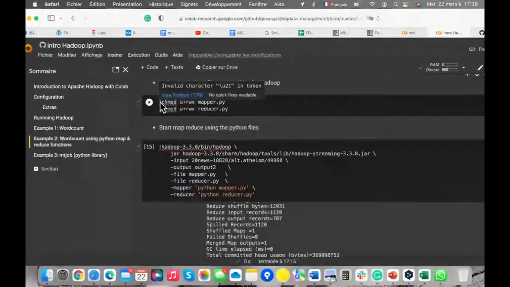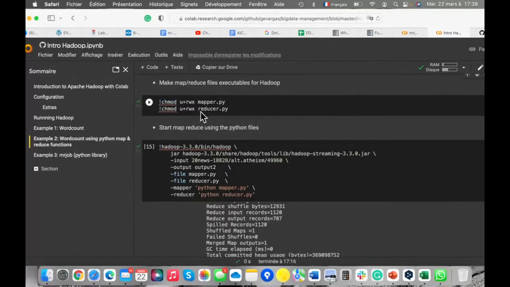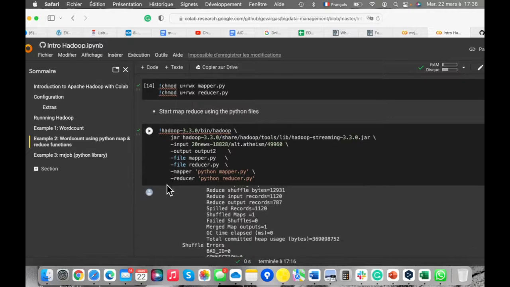We have to give rights to the operating system so that it can use the files and run them on Hadoop. And then, in order to run, we have more specifications.